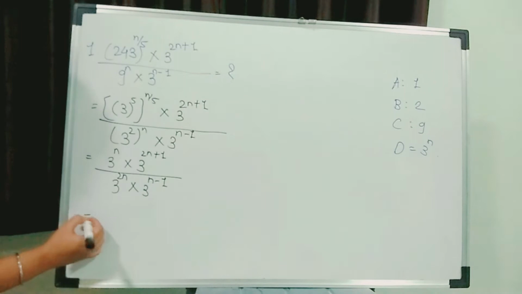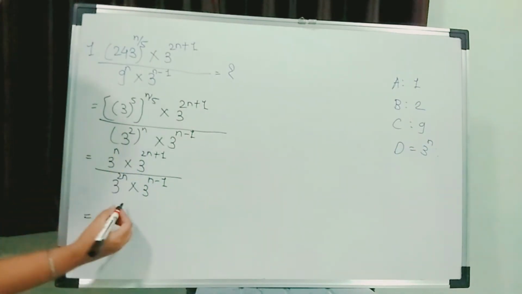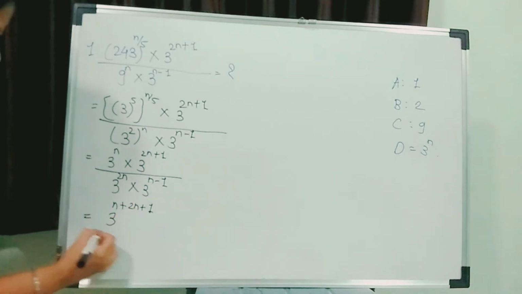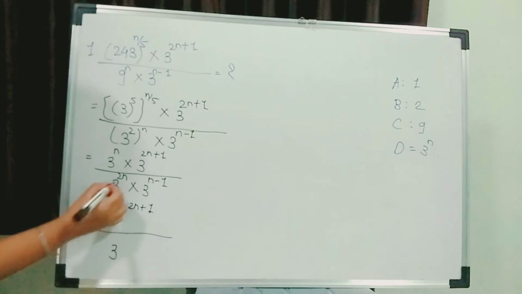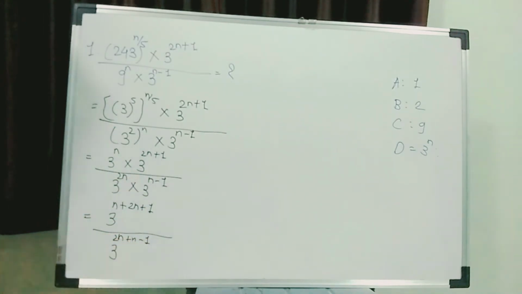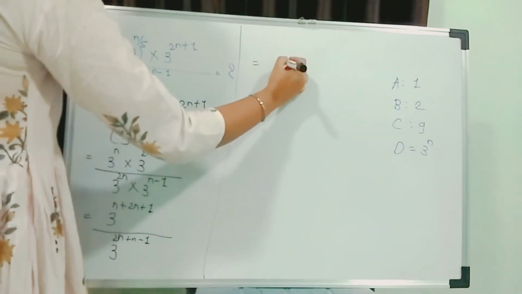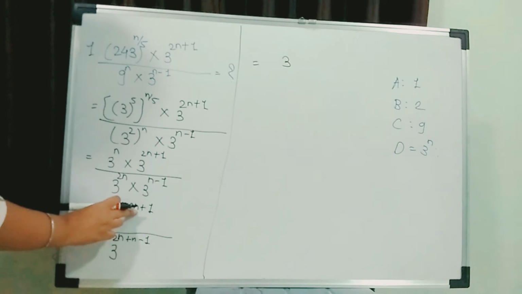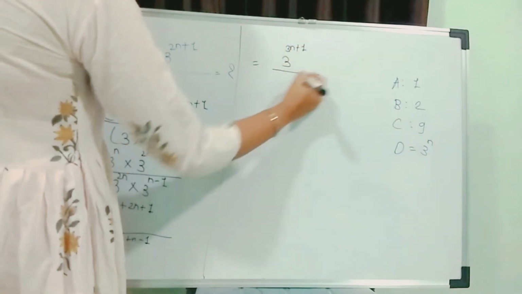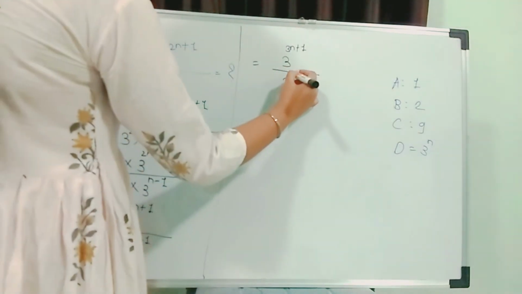Now here I will write 3 base common and will add this n plus 2n plus 1 upon 3 common 2n plus n minus 1. Now 3 raised to n plus 2n, 3n plus 1, and 3 raised to 2n plus n, 3n minus 1.